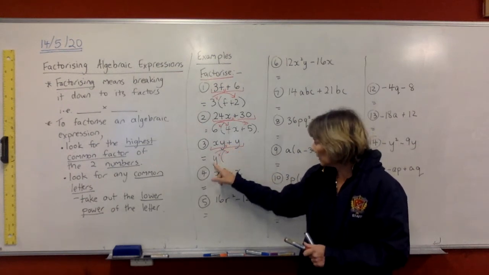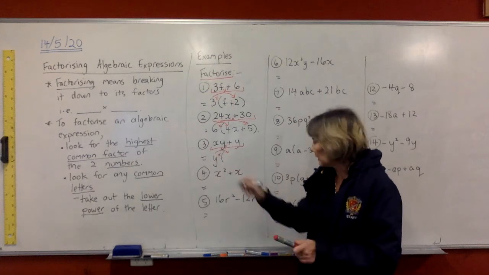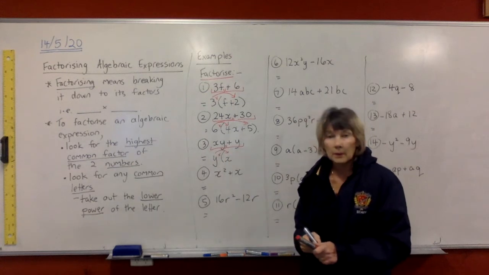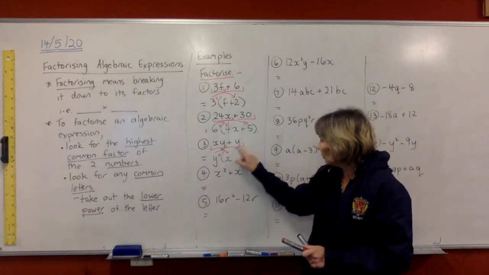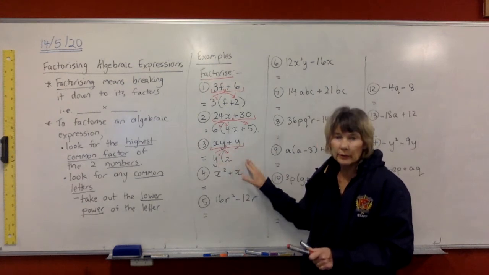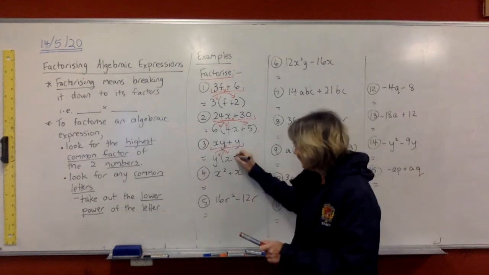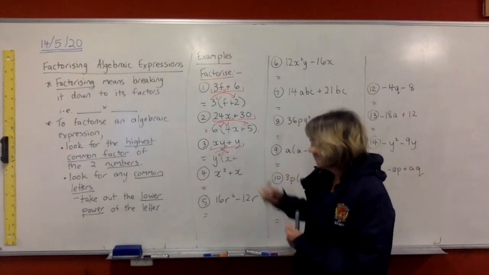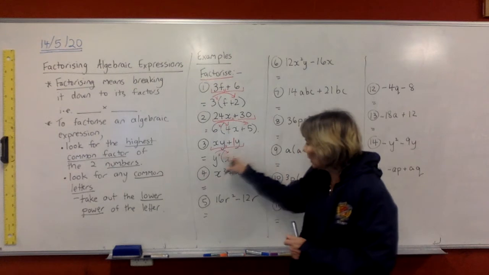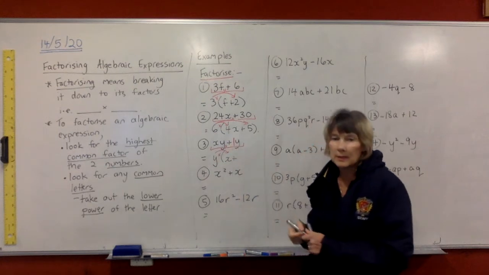Well, the y is already outside. The x has to be still inside. And in the next part, the y is out there. Does that mean we've got nothing left? Have to write something. So we'll have to write the plus sign, and if you think about it, there is a 1 here. So the y might be out, but the plus 1 is what's inside.